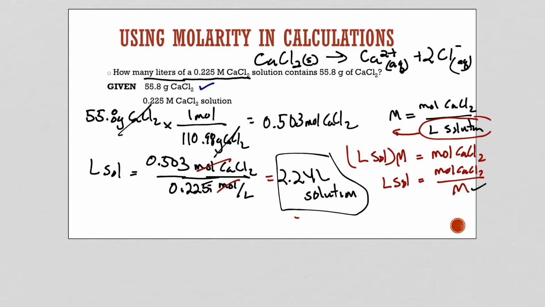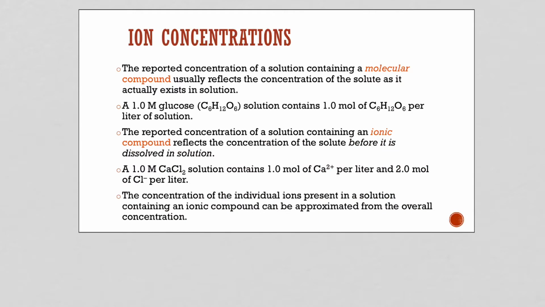So we're going to dissolve and we're going to get these 3 ions in solution, right? 1 calcium and 2 chlorides. If we did it for sodium chloride like in the last problem, we'd get 1 sodium, 1 chloride. So this is what's actually going to be swimming around in solution. Now, let's talk a little bit more about ion concentration. And I'm going to write those 2 equations up here.